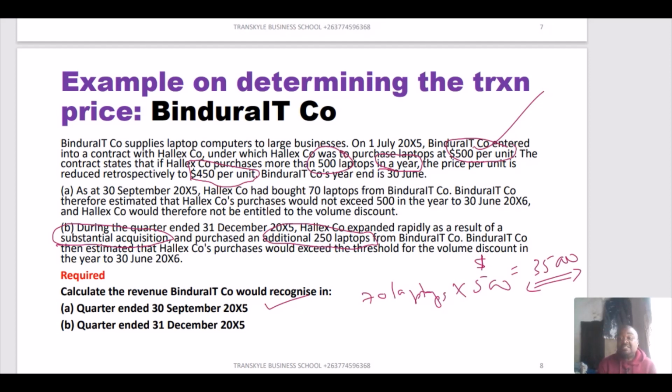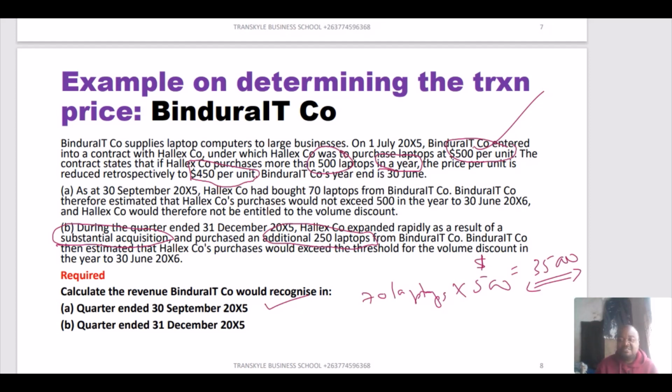Obviously, in this case we are now motivated, because if you add these laptops, they have now bought about 320 laptops, an additional 250 on top of the 70. So there is a high chance that these guys can exceed the 500 laptops threshold. So our revenue figure has to be adjusted to incorporate the discount.